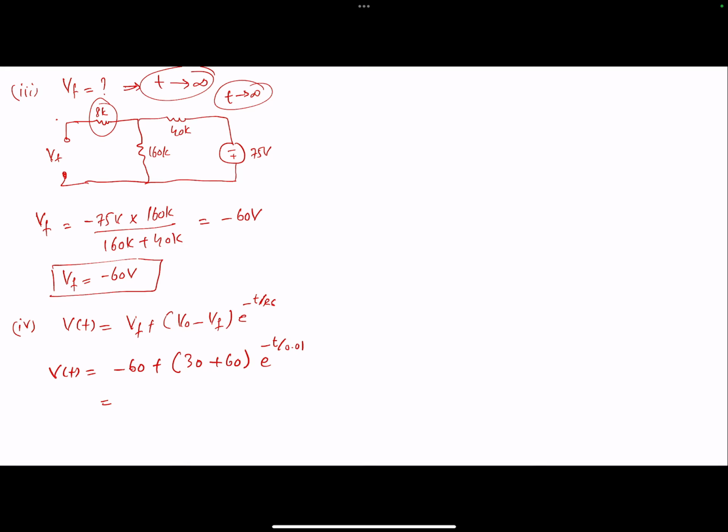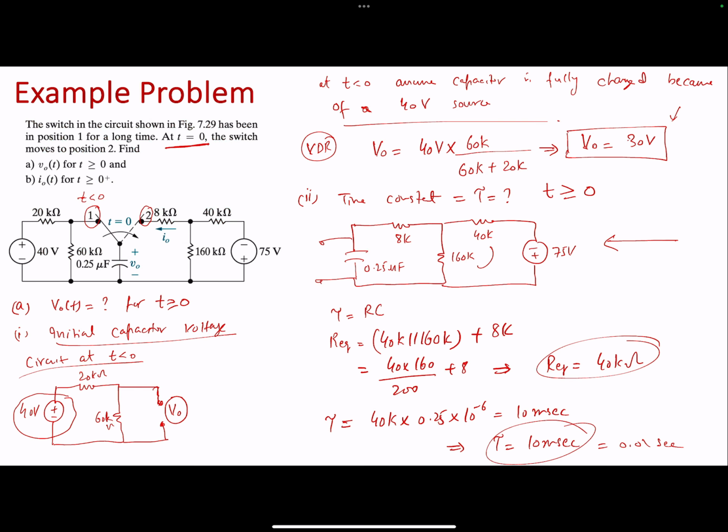So this is minus 60 plus 90 e raised to power, and again 1 divided by 0.01 comes out to be 100, minus 100t volts, for t greater than or equal to 0 positive. So here's the equation for the V of t that we ended up deriving, right?